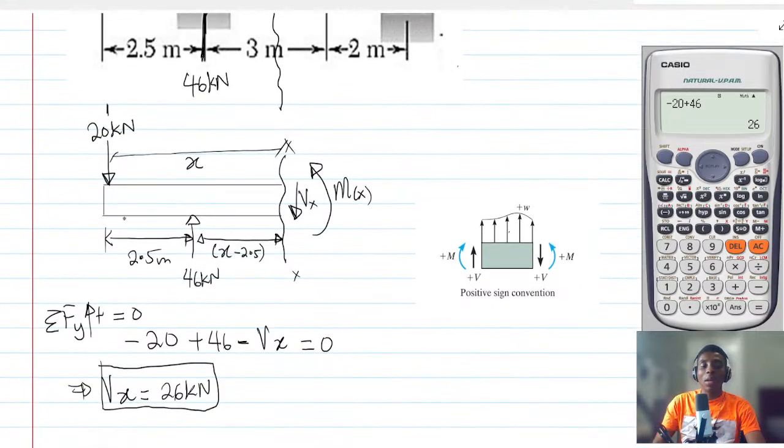Minus 20 is coming down, and then 46 is going up, so plus, and then Vx is coming down, so minus. So you basically have to send the minus Vx to the other side. If you send Vx to the other side, it will just be positive, and 46 minus 20 is 26. Okay, so what we are doing is correct.